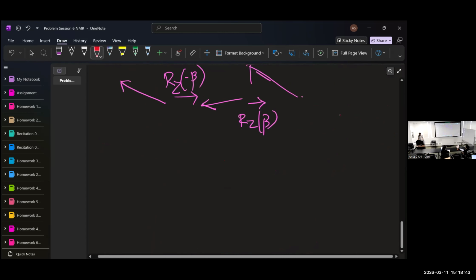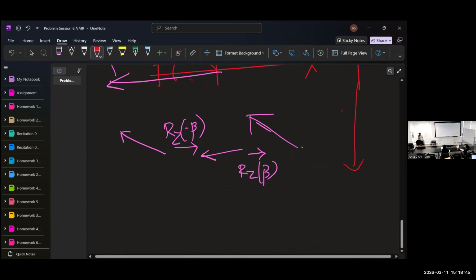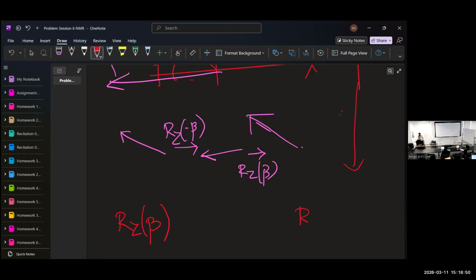So this expression becomes this, and for the main rotation I need to describe an angle through which I rotated and the phase of the axis. Right?